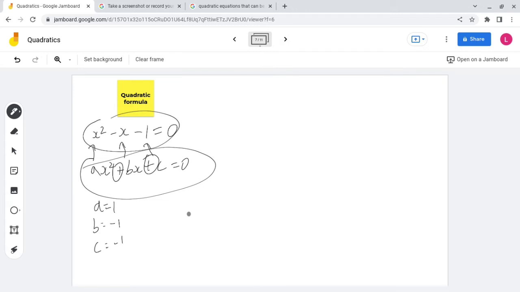You must note that these are plus signs here, so we have to include the negative numbers when we are subbing in the values for a, b, and c, such that they actually form the original equation. Alright, so now I'll write down the quadratic formula, which is x equals -b plus minus the square root of b squared minus 4ac, over 2a.